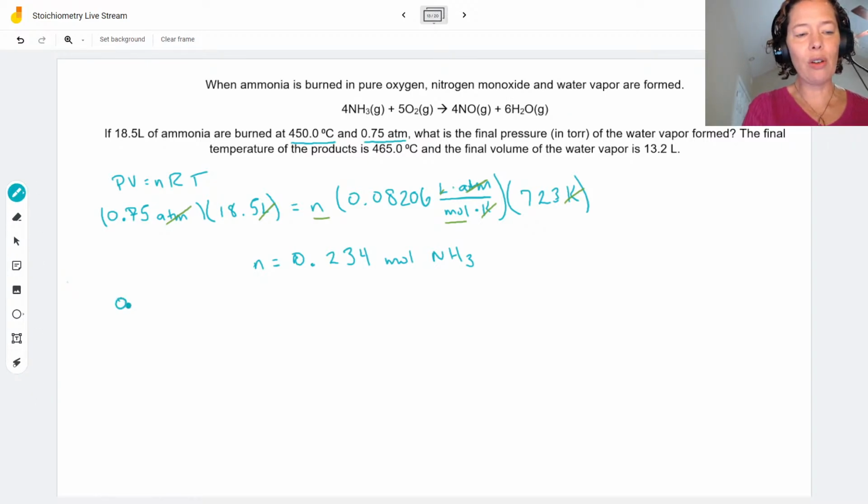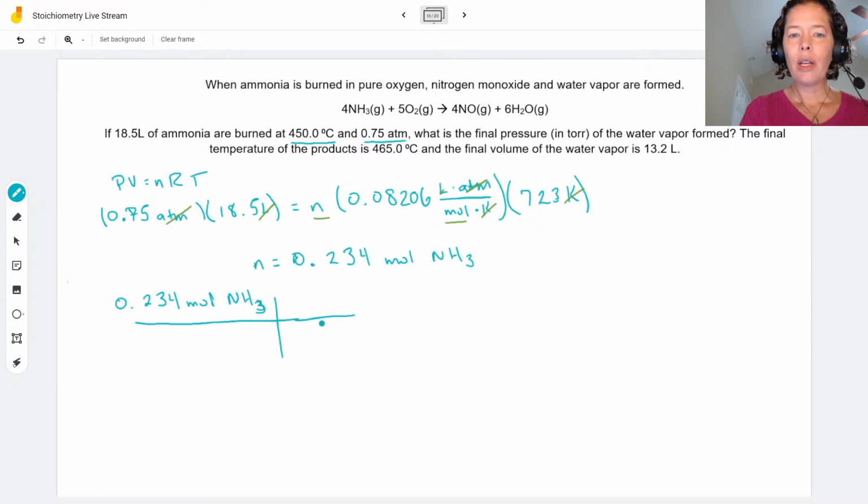I'm going to start with my moles of ammonia, and I'm going to convert to moles of water vapor. Using my stoichiometric coefficients, the denominator is my 4 moles of ammonia, and my numerator is 6 moles of water.